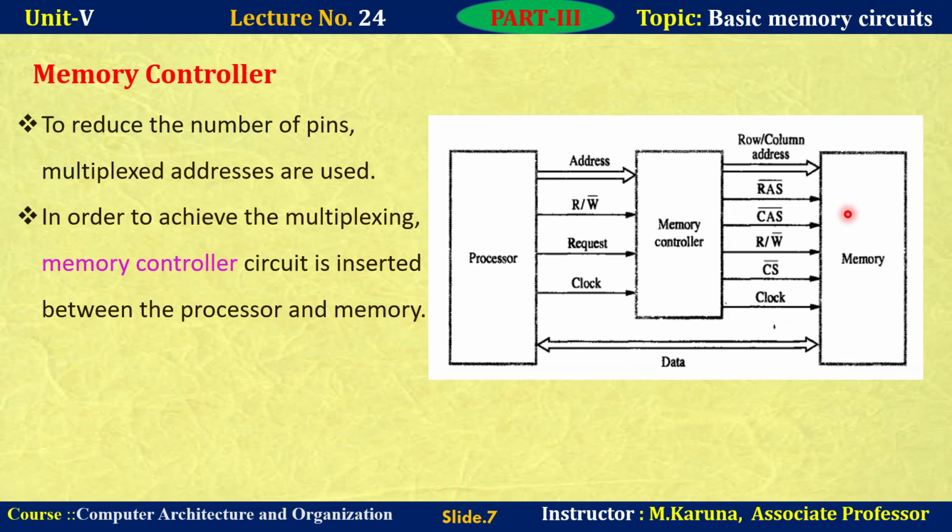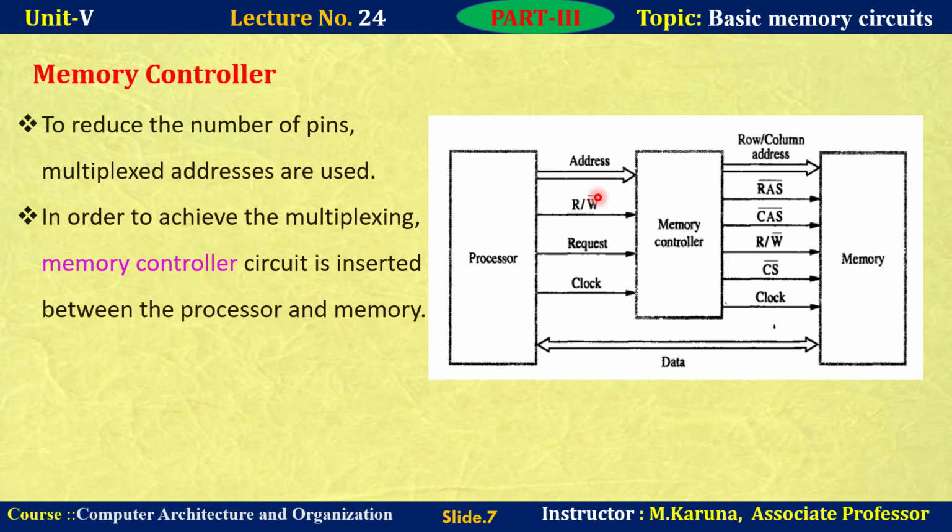Coming to memory system considerations. To reduce the number of pins, multiplexed address lines can be used. To achieve the multiplexing, a memory controller circuit is needed between the processor and memory. Let us see how the operation, whether read or write, is controlled with the help of the memory controller. Here the memory controller is placed between the processor and memory.